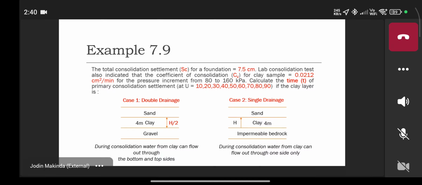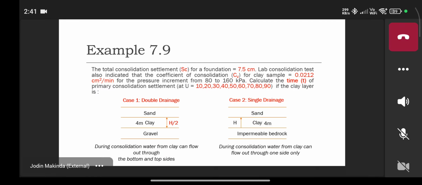Lab consolidation test found that the coefficient of consolidation is 0.0212, from your either Taylor or Casagrande, 0.0212 cm square per min. Calculate how long it takes for 20% of the settlement, meaning 10, 20, 30, 40 until 90% of the settlement to happen. 10% of the 7.5 cm, 20% of the 7.5 cm, and 30% of the 7.5 cm, and so on.